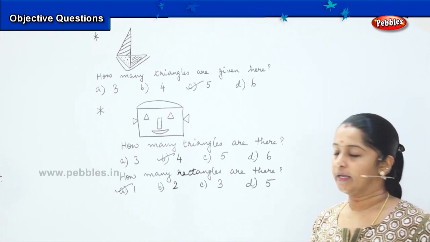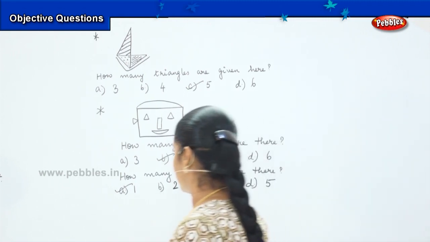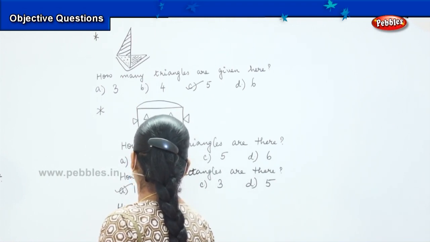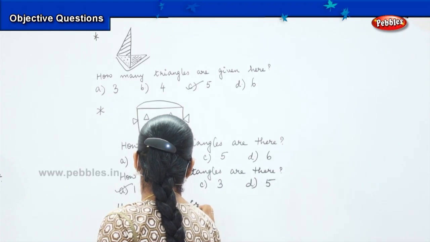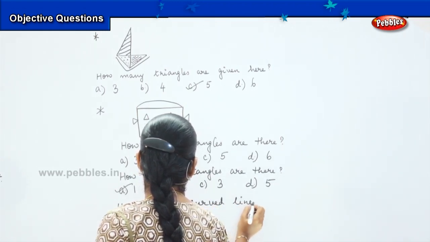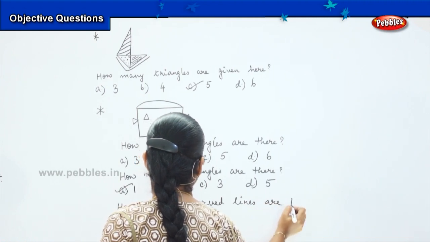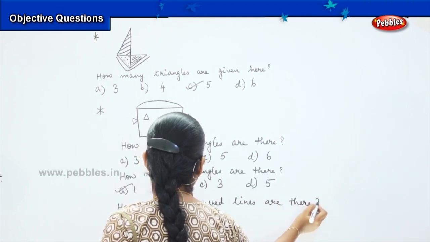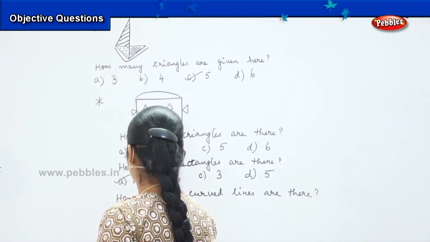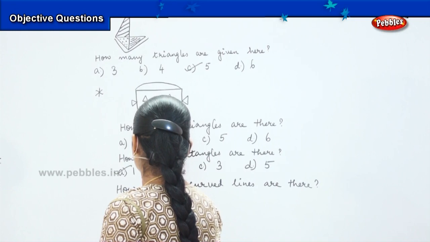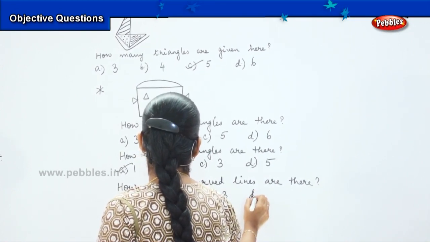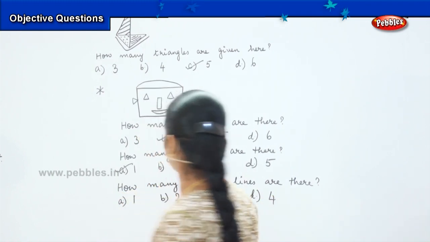Okay. Now, the third question here is, how many curved lines are there? And my options are A 1, B 2, C 3 and D 4.